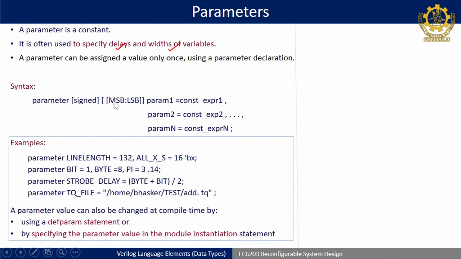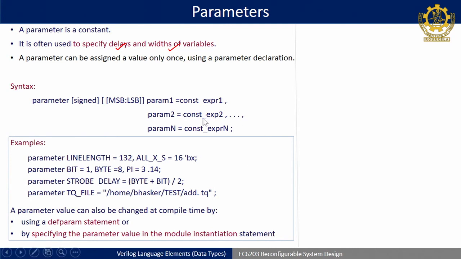The parameter may be a vector; the syntax is parameter followed by the parameter name, and it may be a single one. Apart from that, you can define it like parameter line length 132, 16x. So, you can define it at the top of the code, and in the rest of the code you can use line length, and if you change it at the top, it will have an effect in the entire code. Okay. This is a simple thing we have already done.